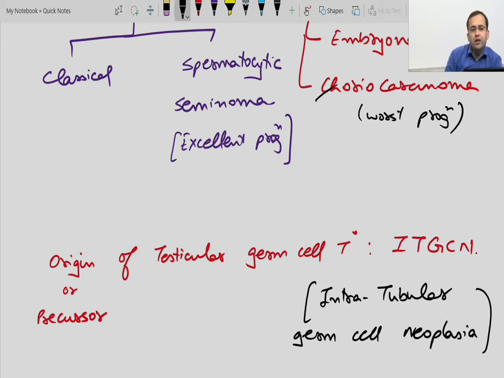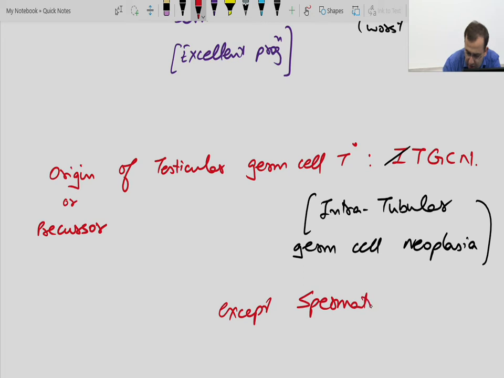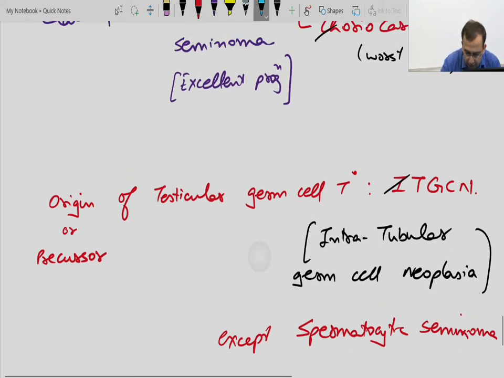So the origin of all testicular germ cell tumors is ITGCN, except spermatocytic seminoma. This statement again is important.